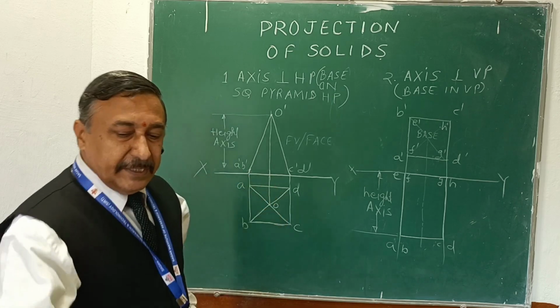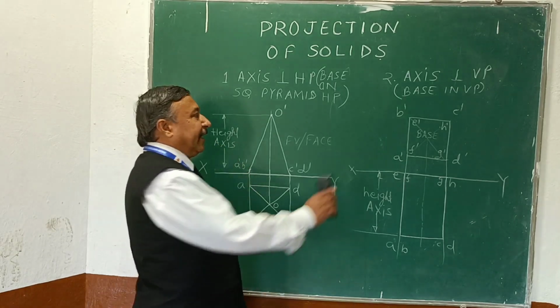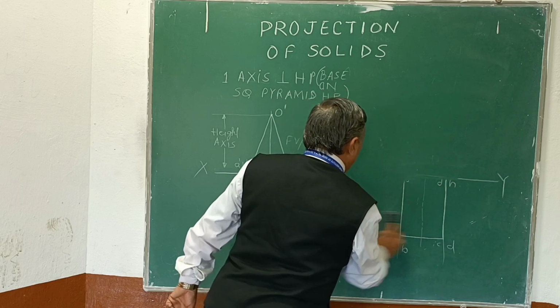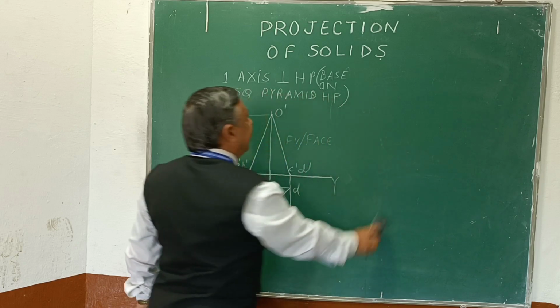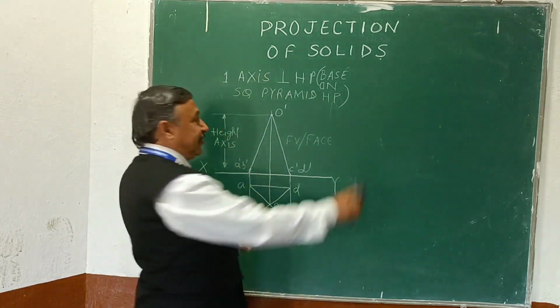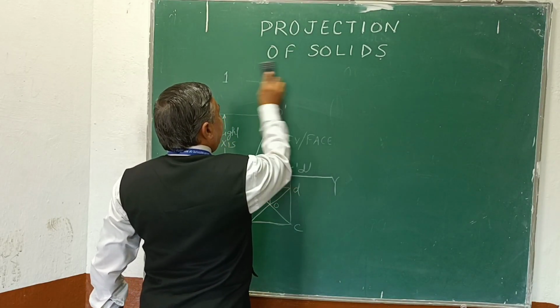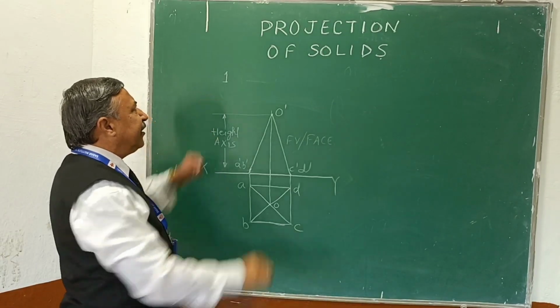So I continue from this position only and explain to you how we start from this position and complete the next position. So first I write here third position. So what is our third position? This is our third position.